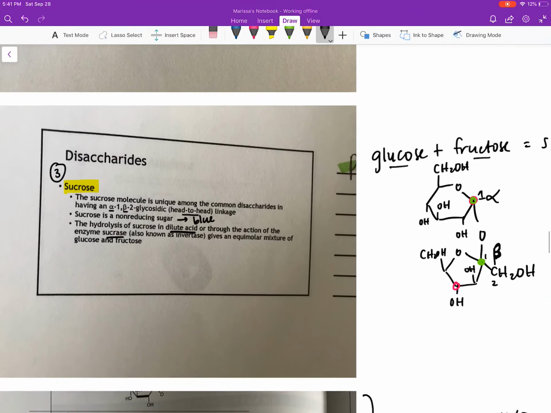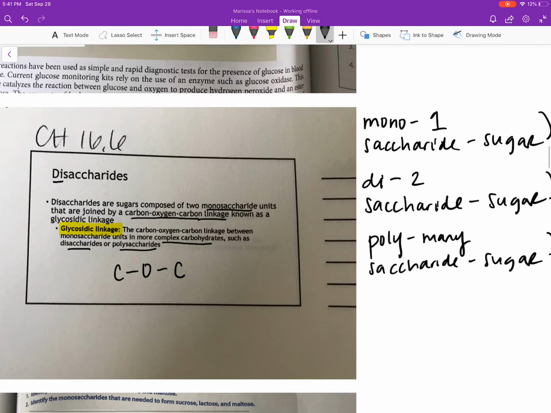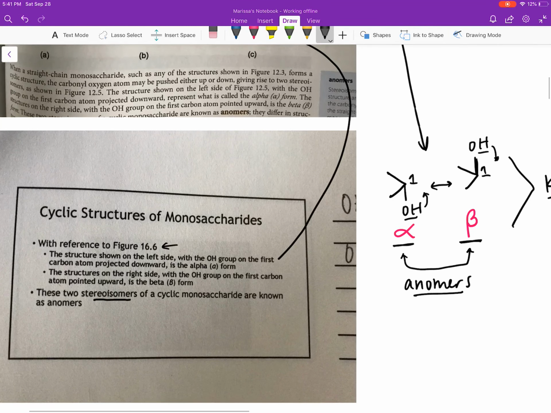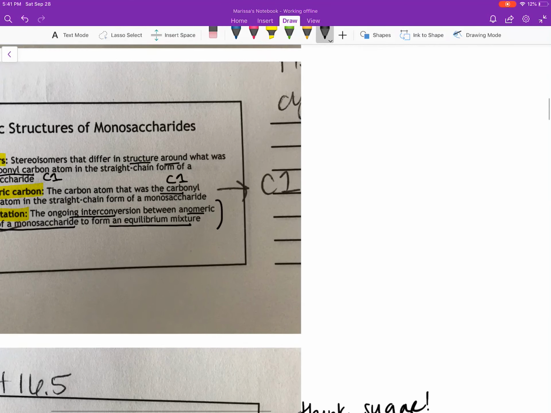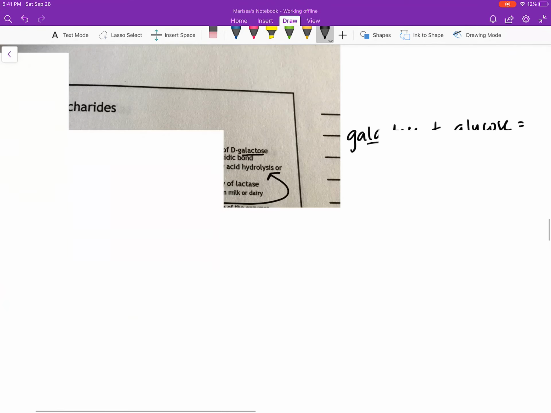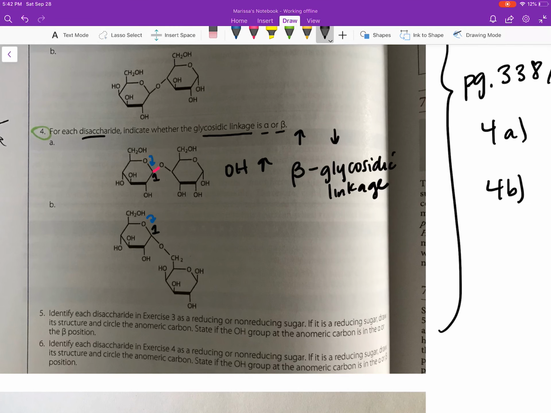Remember up here, we said that if it pointed up, it was beta, points down, it's alpha. Okay, so that's all we're doing. We're not looking for anything other than whether or not the oxygen on the anomer is pointing up or down.